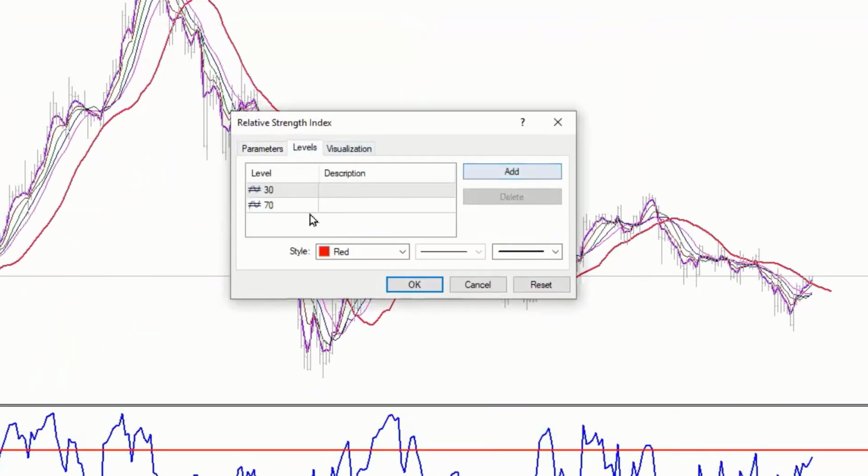I'm going to delete those and change that to 50. Then what I'm going to try and do is tune the RSI to look like the moving average crossover, give the same signals at the same time. So that's the first step.